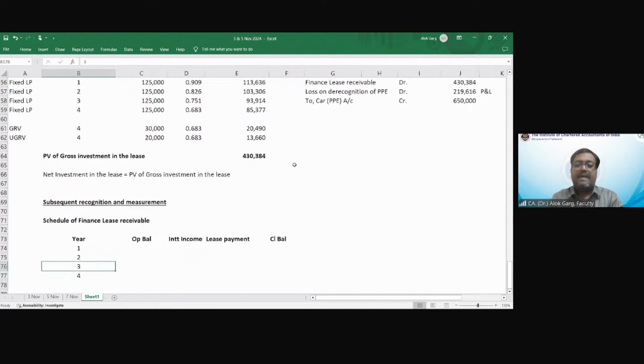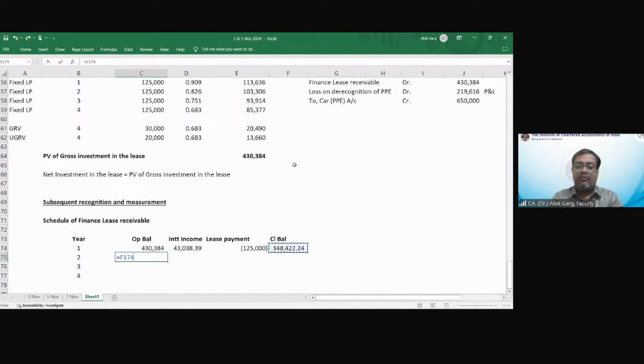What is my opening balance? 430,384. What is my interest income? Multiply by 10%, the rate at which I have discounted. Correct? What is my lease payment? 125. What is my closing balance? This plus this plus this.